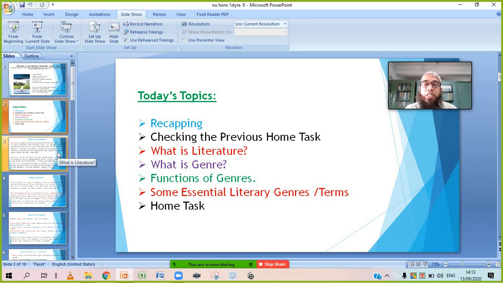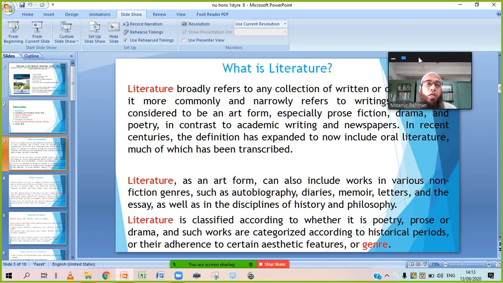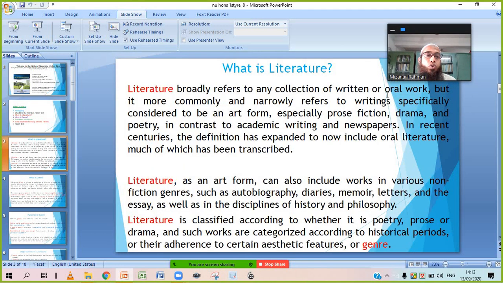Now let us see some definition of the scholars about what is literature, what the scholars say about literature. Literature broadly refers to any collection of written or oral work, but it more commonly and narrowly refers to writings specifically considered to be an art form, especially prose fiction, drama, and poetry, in contrast to academic writing and newspapers.